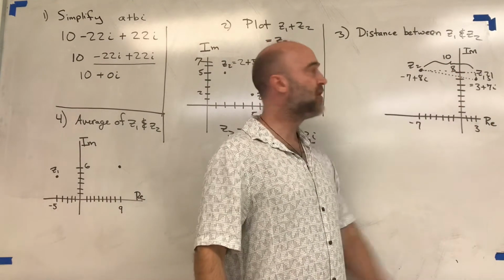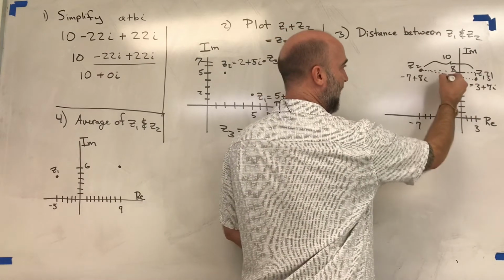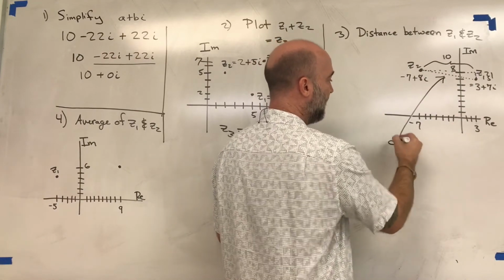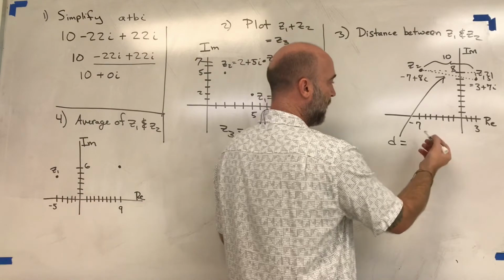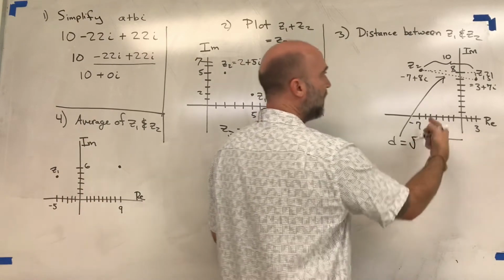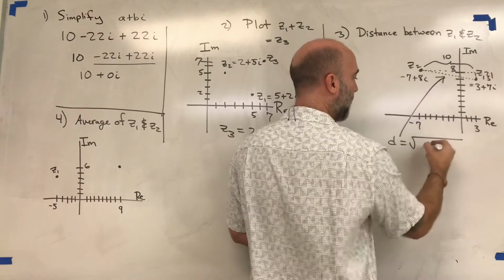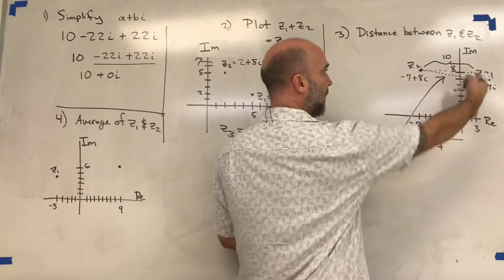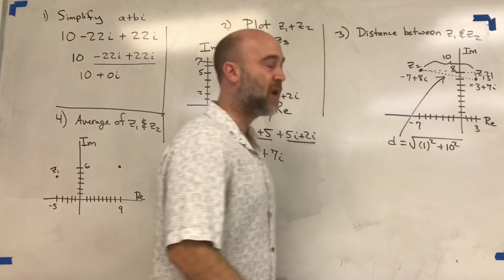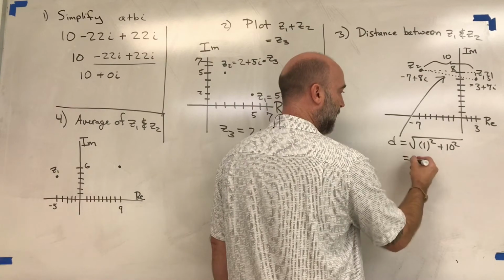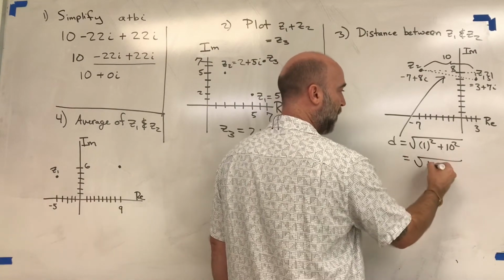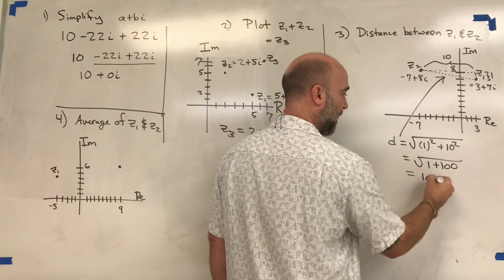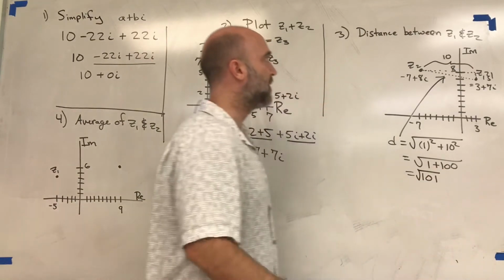So I'll go ahead and just use the Pythagorean Theorem so I can find out this slant. All right, so that slant is going to be, and I'll just call it d for distance, equal to the square root of this squared, 1 squared, plus the 10 squared. 1 squared plus 10 squared under the radical, that's going to equal the square root of 1 plus 100, which is equal to 101 in the square root sign.